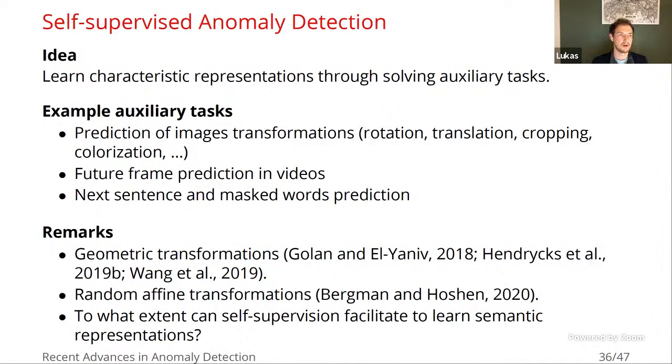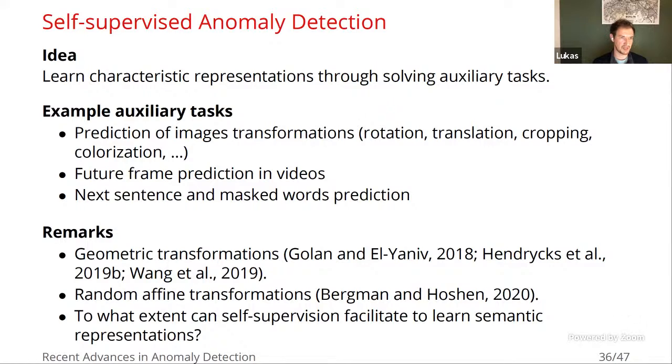Another idea or class of approaches is self-supervised models, which aim to learn a characteristic representation of the normal data distribution by solving some auxiliary task.